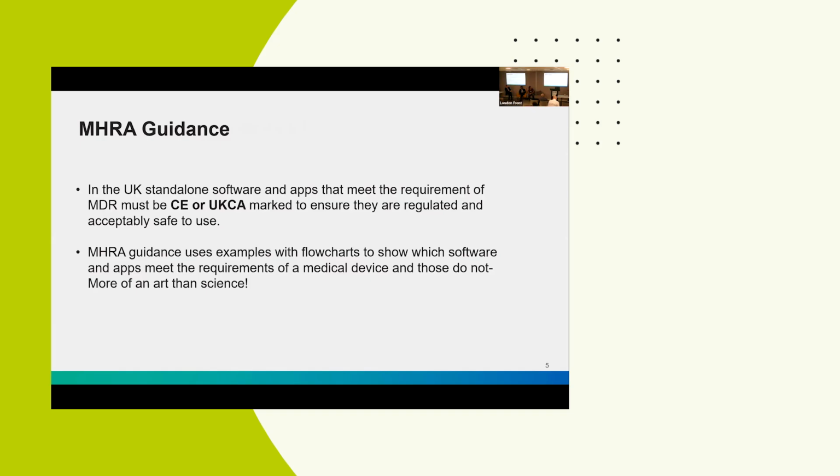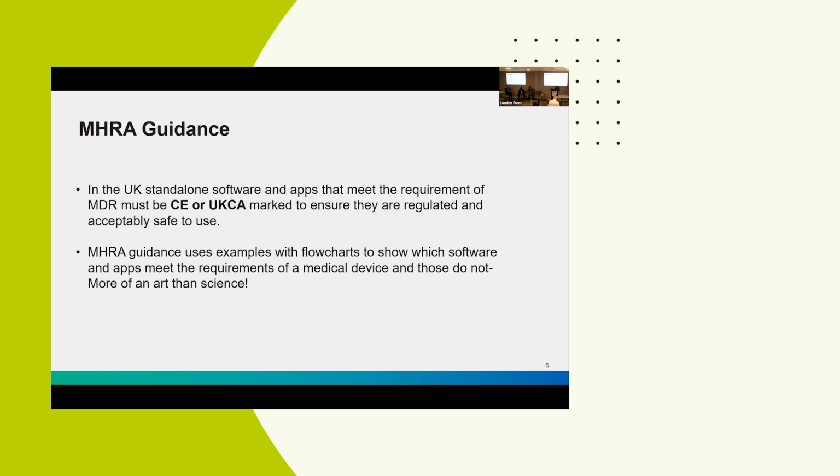The first step is to determine whether the software you're developing qualifies as a medical device or not, which is sometimes a complicated process. I say it's more an art than a science sometimes, because usually it's not very clear cut whether it falls into the medical device category or not.